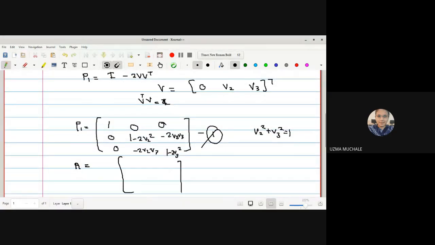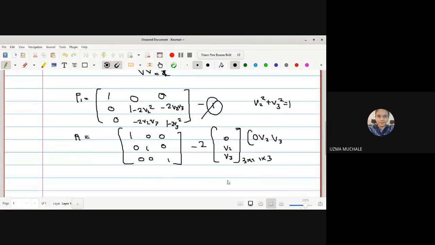P1 is equal to I, the 3 cross 3 identity matrix, minus 2 times V into V transpose. So this V I can write as 0, V2, V3, and V transpose will be 0, V2, V3. Here you can see this is 3 cross 1 times 1 cross 3, so the resultant will be a 3 cross 3 matrix.